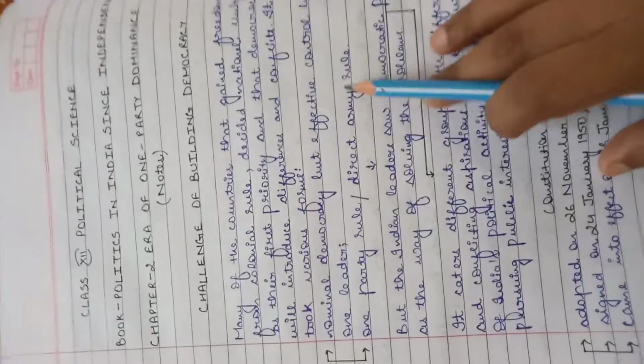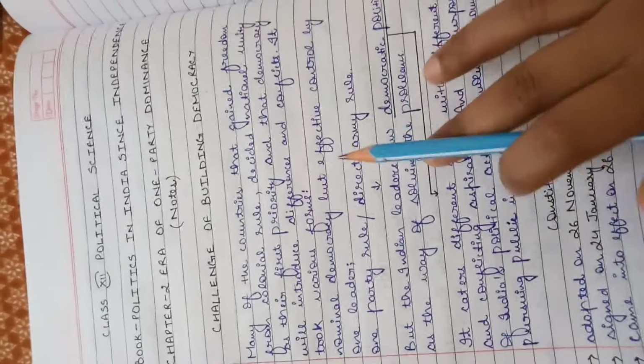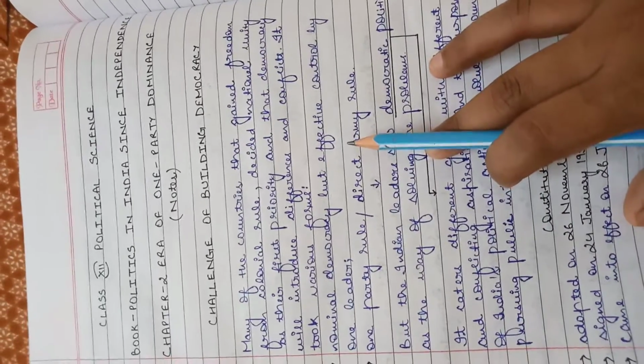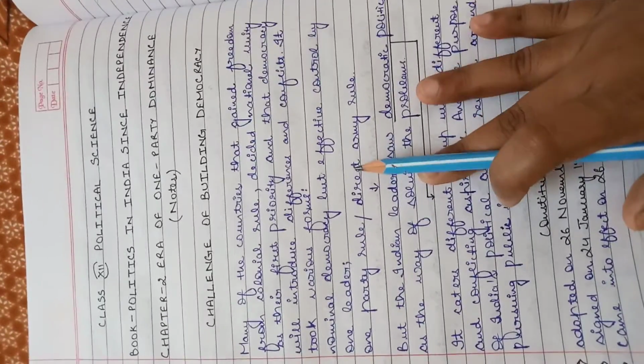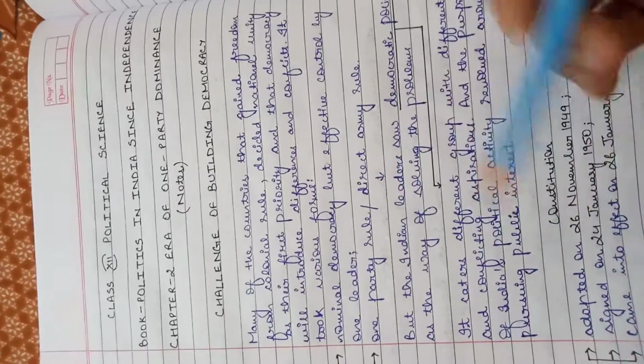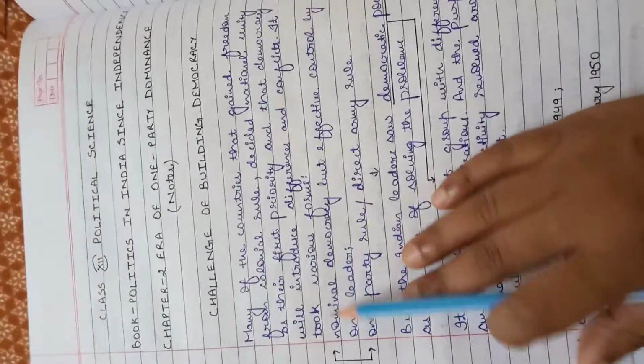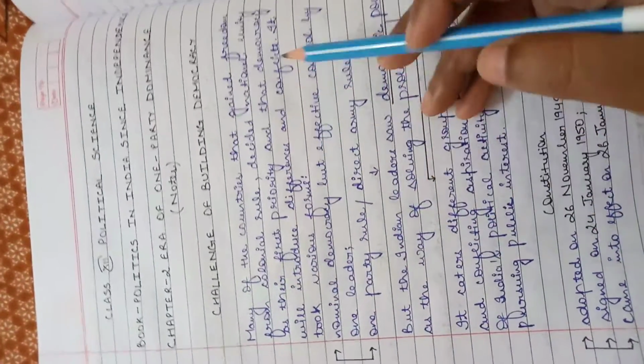See, the other countries felt that establishing national unity was their first priority, and that democracy could be established later on, or that democracy can actually introduce differences and conflict.